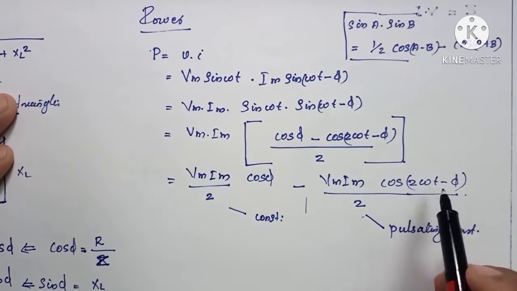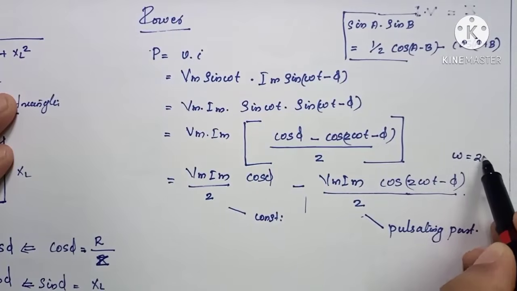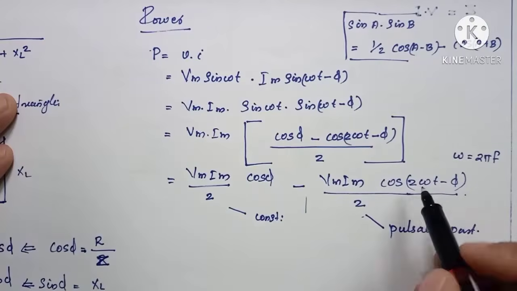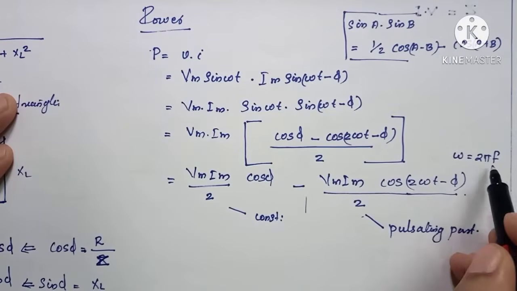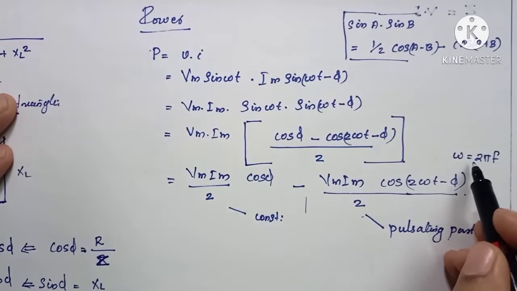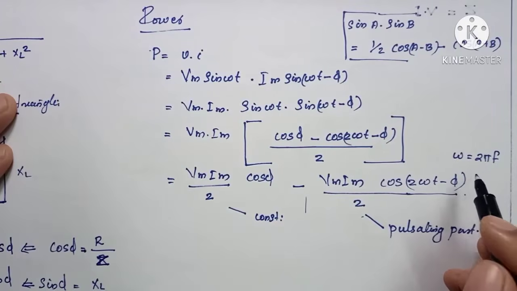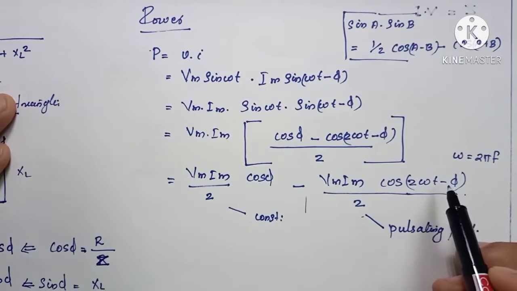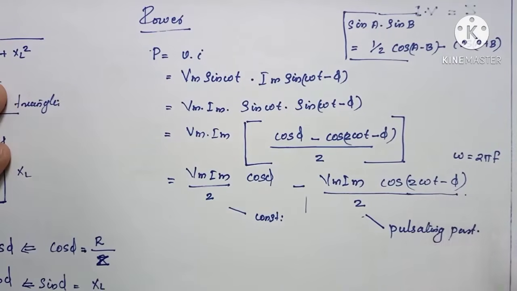Omega is equal to 2 pi f, and here it is 2 omega t, so the frequency is doubled, but voltage and current are not doubled. So it is very clear that over a complete cycle, the pulsating part of the power will be 0.